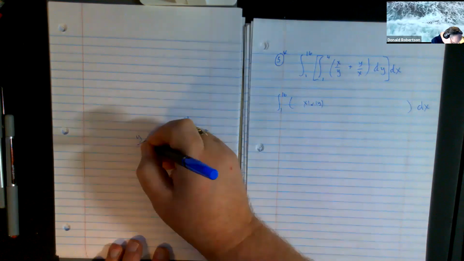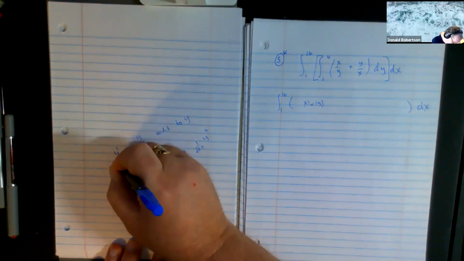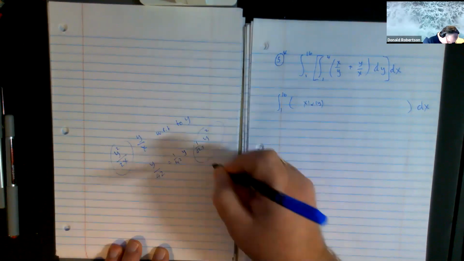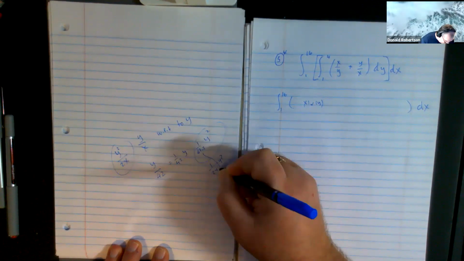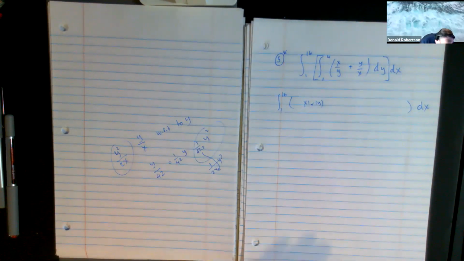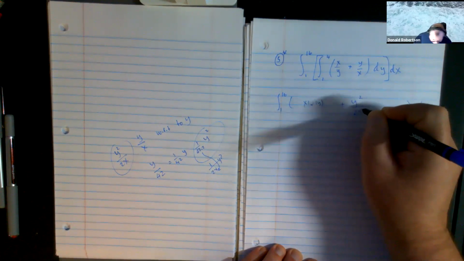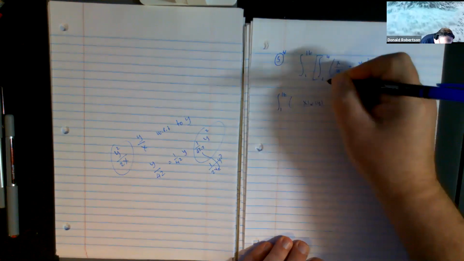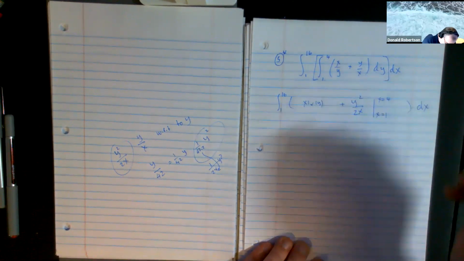So what does that look like when you do it to this guy? You add 1 to the power and you divide by the new power. Can you see my 42's by x? And then we evaluate it at x equals 1 and at x equals 4.